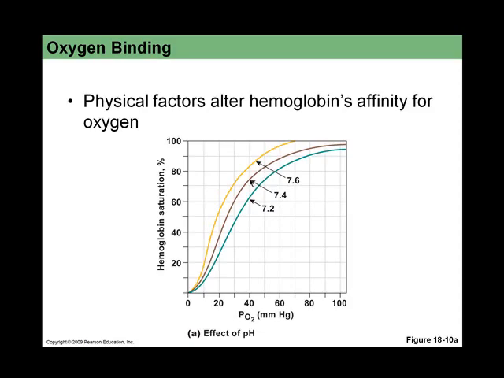The way that we talk about this type of an effect is a shift in the response. So at a higher pH, the hemoglobin saturation curve is shifted to the left. Okay, there's no shift in the 0, 0 at the x intercept point.